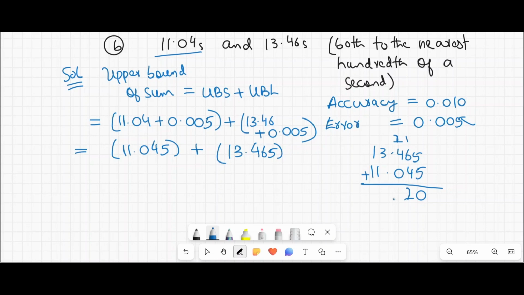So 1 plus 4 you will get 5, then the decimal. 3 plus 1 is 4, 1 plus 1 is 2. So you will get 24.510. So this is the upper bound of a sum.